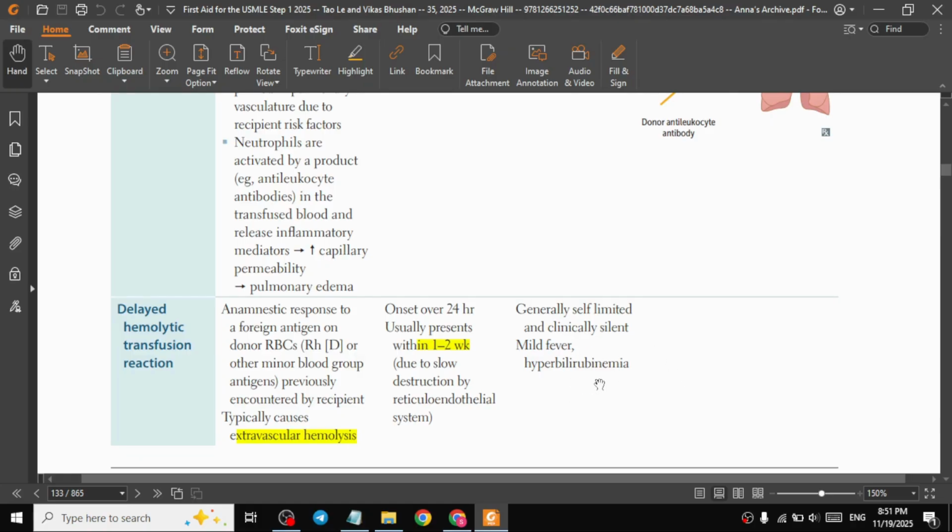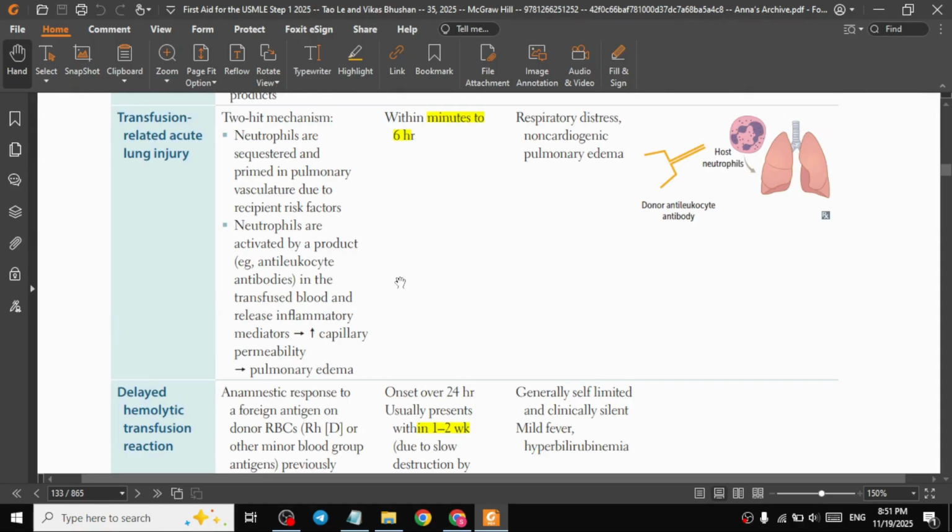So you're going to see mild fever, hyperbilirubinemia, and so on. They might describe a person who has a trauma, some accident, and receives blood, but then 2 weeks later, or even a month later, has massive amounts of jaundice. Why did that jaundice come about? That is what you're going to explore. So extravascular hemolysis, delayed hemolytic transfusion, that's how they go about it.